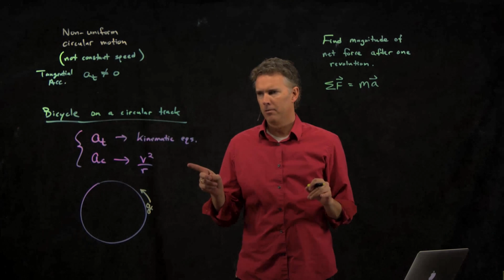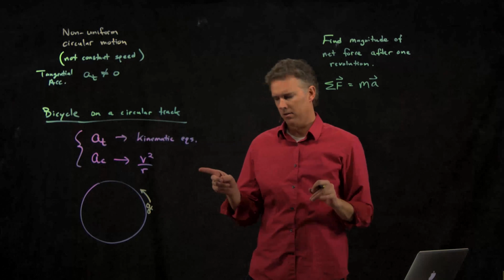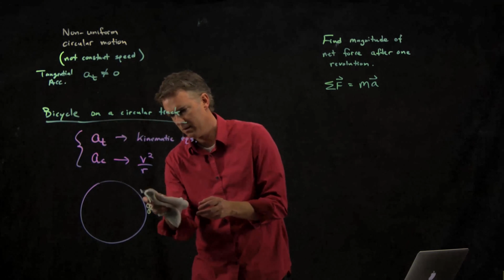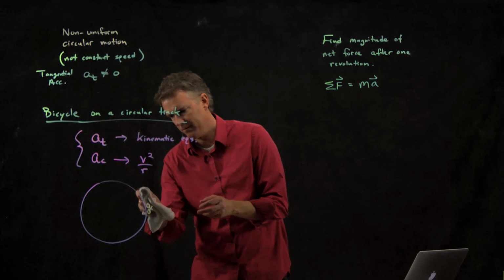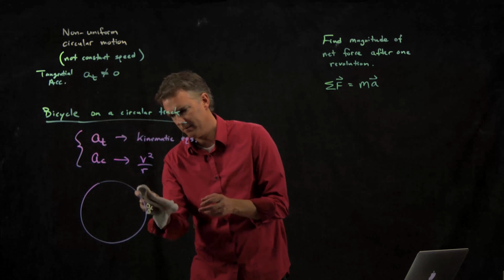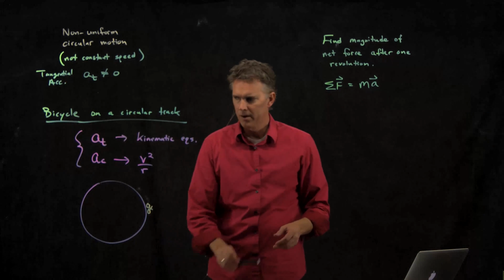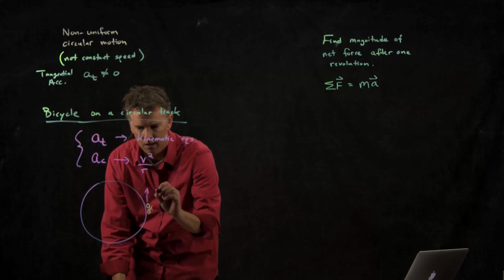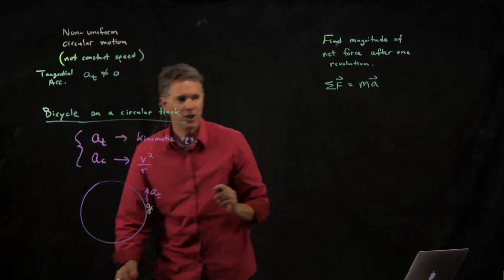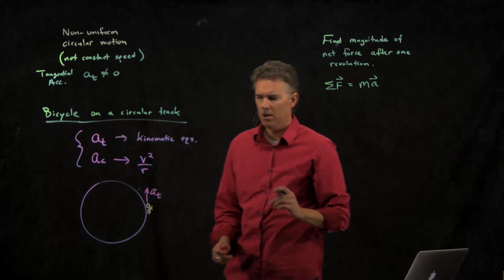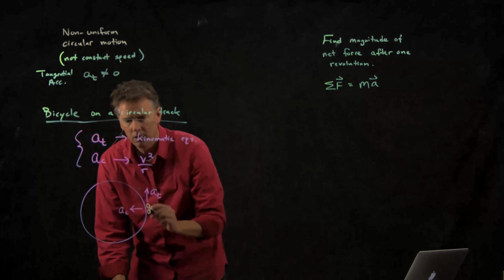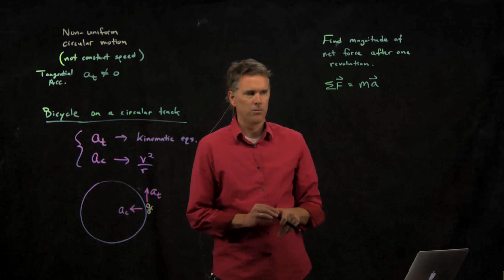But we got to be careful because this bicycle in this position, as it goes around, is going to have a sub t, which is tangential to the circle, and it's going to have a sub c, which is along the radius.